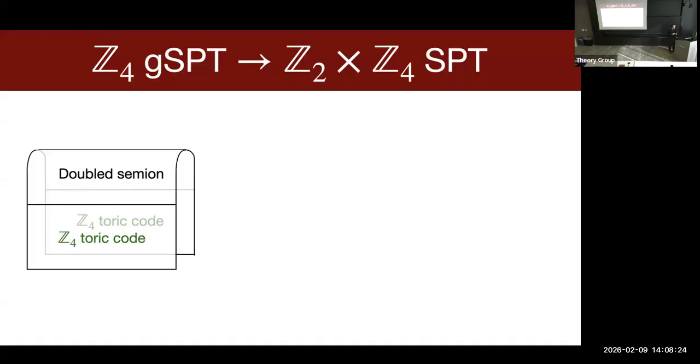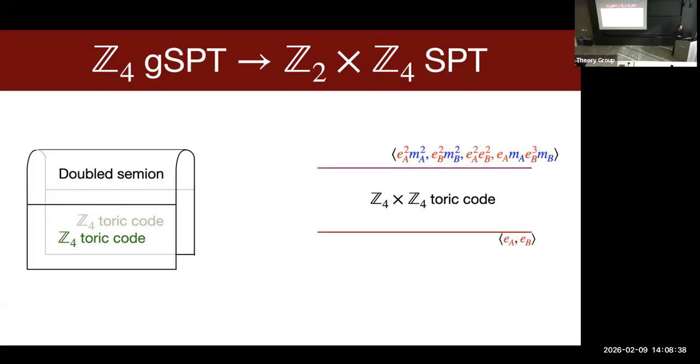So just to illustrate, using the gapless SPT example from earlier, we could start with the Z4 toric code on the top and bottom, and condense this E squared M squared anyon in the middle, and then fold it in half in this way. And if we enumerate what are the anyons that are condensed at this top boundary, we could list them out. And this will be some gapped boundary of the Z4 times Z4 toric code.